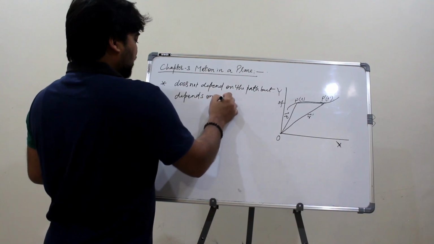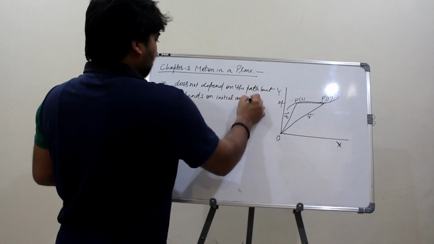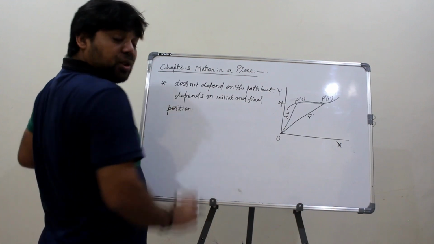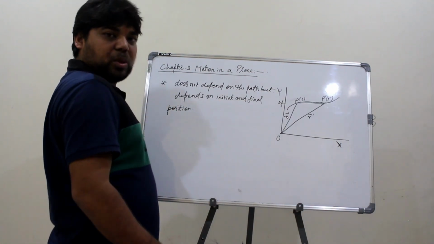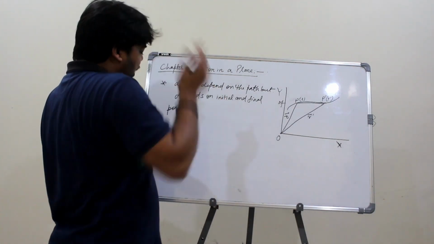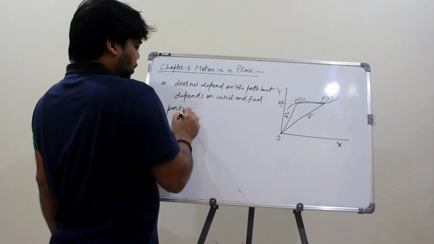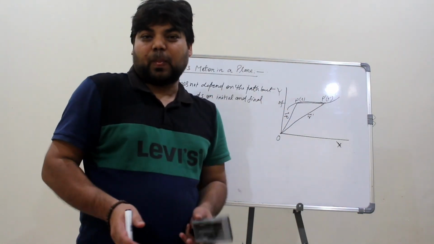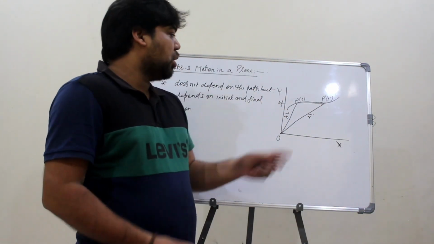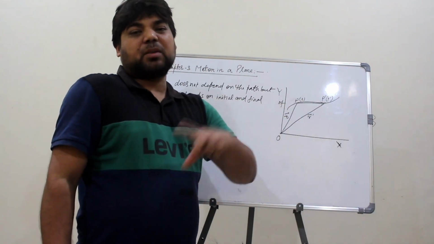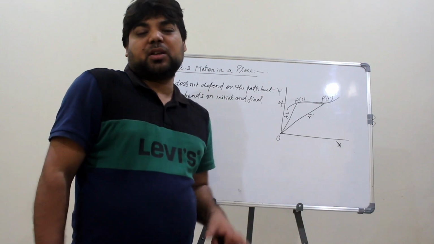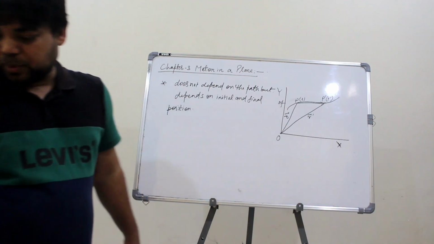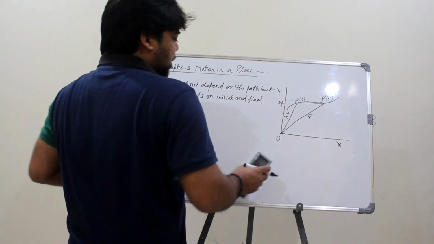So this is important. If initial and final positions are given, we just subtract them. Do not take the path followed by the object. If you consider the path followed, that will give you the scalar called the distance. Distance and displacement are two different things. Do not confuse them.